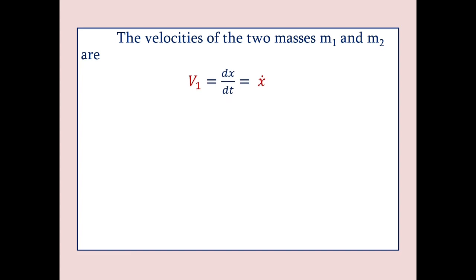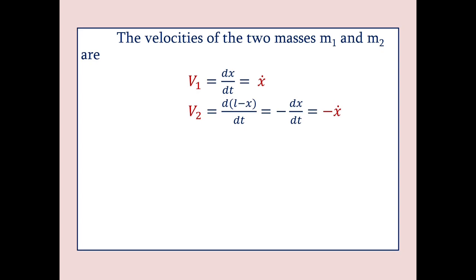Okay. Next, let us find the velocities with which the masses m1 and m2 are moving. We know the velocity v is equal to dr by dt, where r is the distance. Here the distance for the mass m1 is x, so v1 is dx by dt, which in classical mechanics we write as x dot.